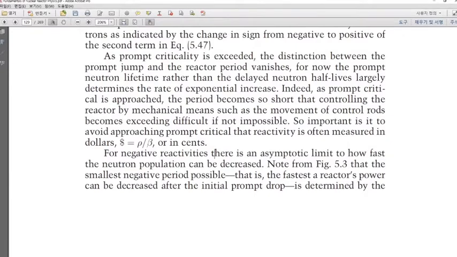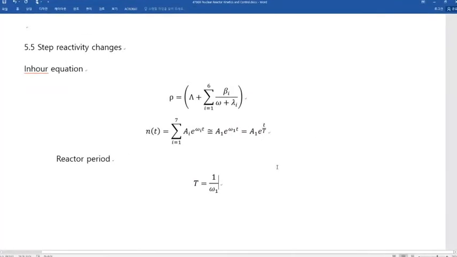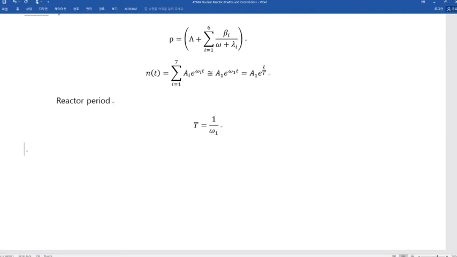So when we talk about prompt criticality, nuclear fission reactions are mainly governed, mainly induced by prompt neutrons.